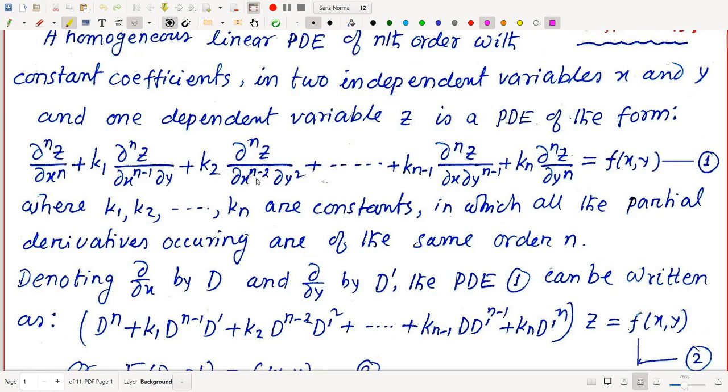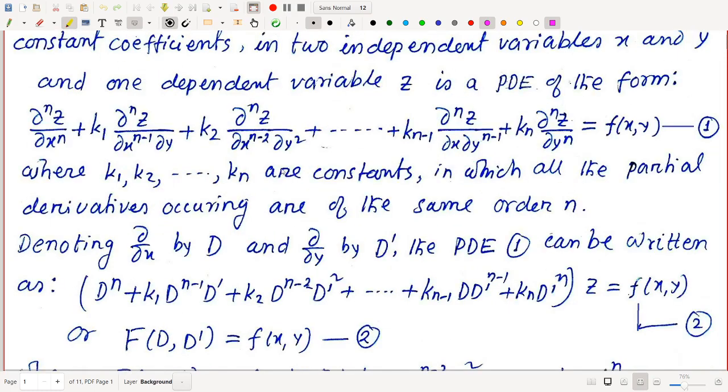Nth derivative of z, it is a mixed nth derivative of z, n minus 2 times with respect to x and 2 times with respect to y, plus dot dot dot, k(n-1) ∂^n z/∂x∂y^(n-1) and plus kn ∂^n z/∂y^n, that is nth partial derivative of z with respect to y, is equal to f of x, y, number 1, where k1, k2, kn are constants in which all the partial derivatives occurring are of the same order n.